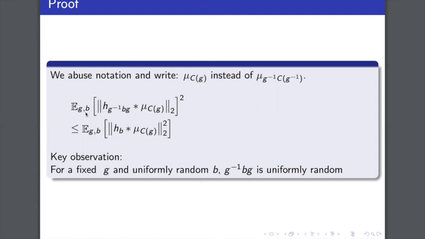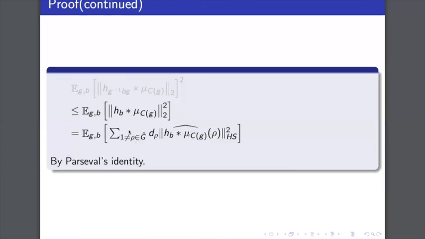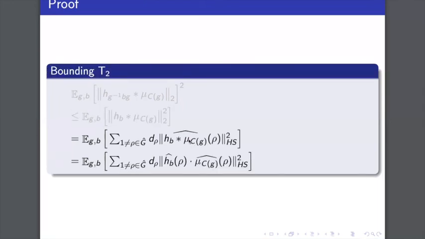So what we can do, instead of computing g inverse b g, is ignore that completely and just replace it with b itself. Okay, so now that we have this, the next steps are quite easy. So we first use Parseval's identity to write this L2 norm as a sum of Hilbert-Schmidt norms. And then we use the Fourier convolution formula to separate out these two coefficients.